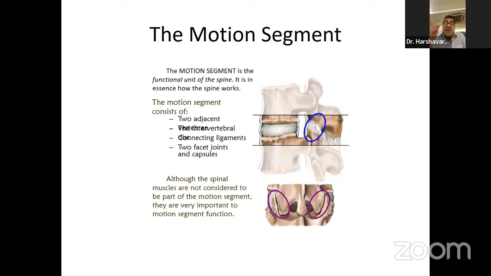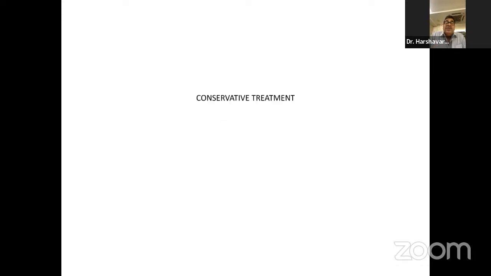Like I told you, the pain generators are the disc and the nerves, which will usually give rise to radiating pain, facet joints which give rise to a generalized kind of back pain, and the muscles and ligaments which give rise to heaviness in the back, dispersed pain all over the back. Next slide, please.